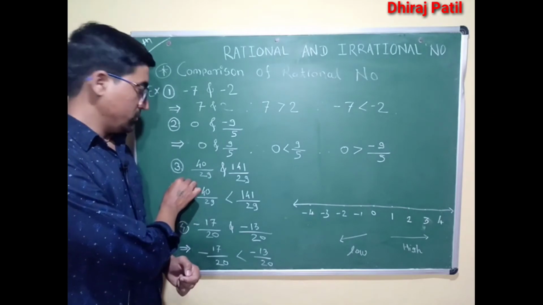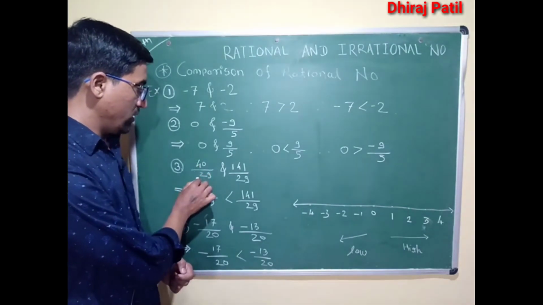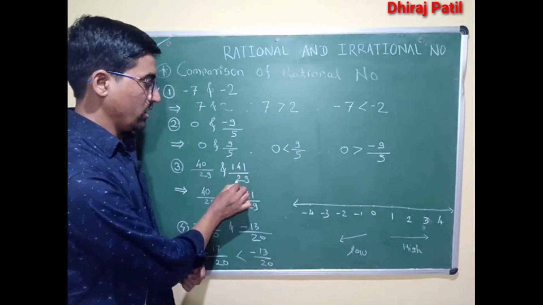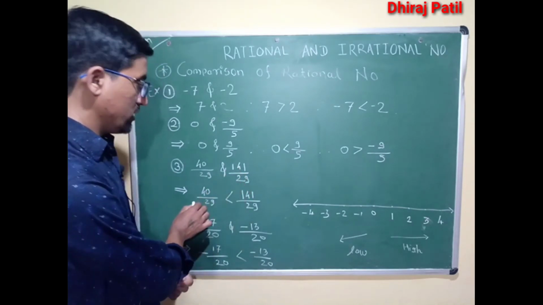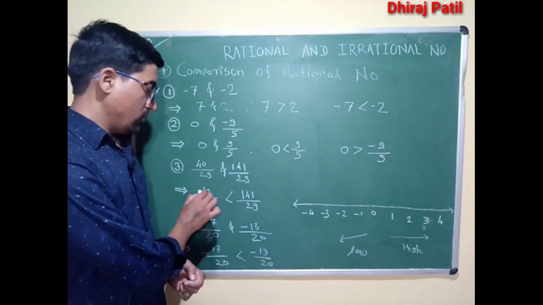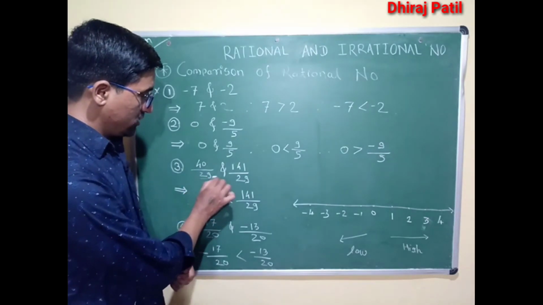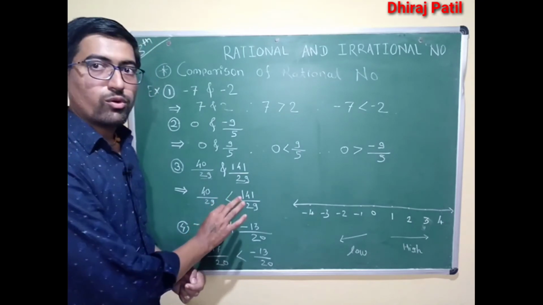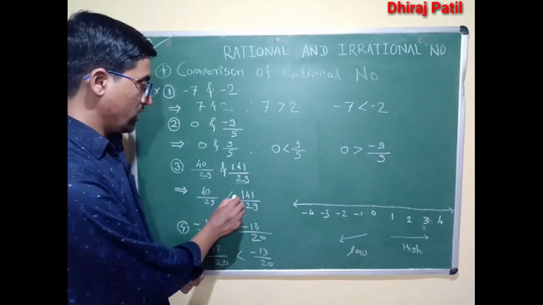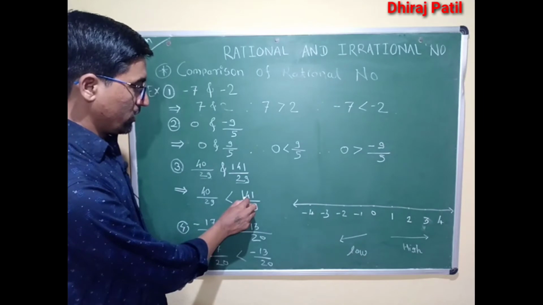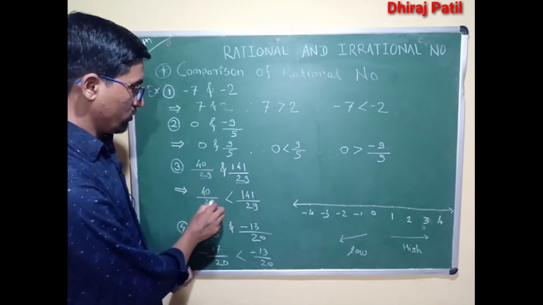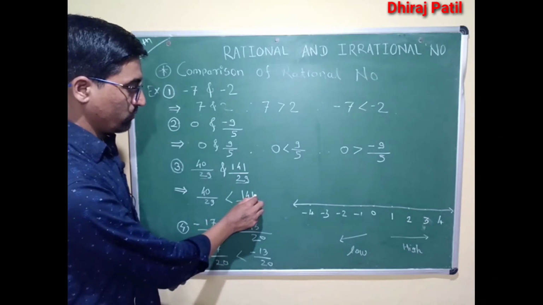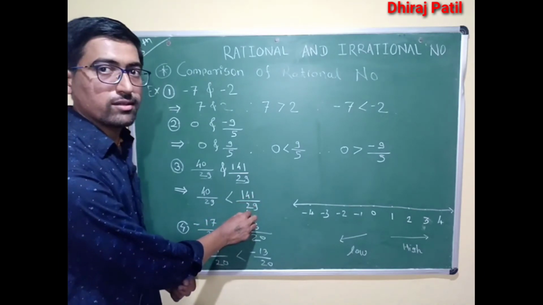Third example, 40 by 29 and 141 by 29. Here, friends, this is very simple because our denominator is the same, 29 and 29. So we only compare the numerator. Here numerator 141 is greater than 40, so 40 by 29 is less than 141 by 29.